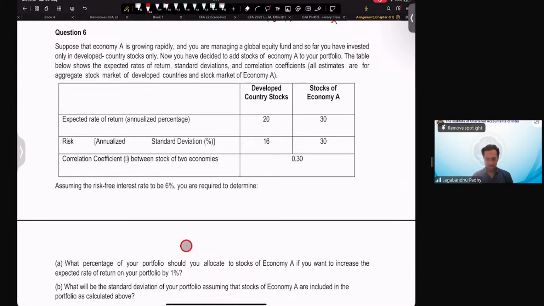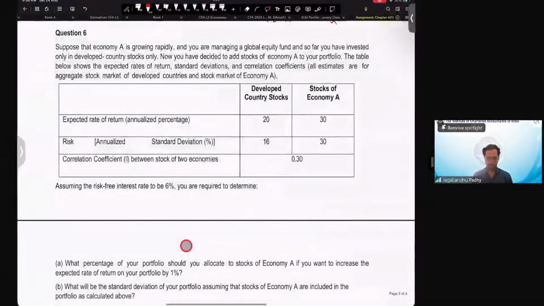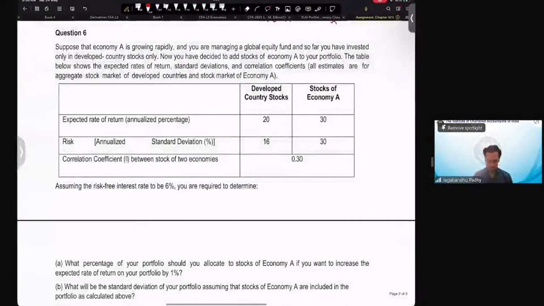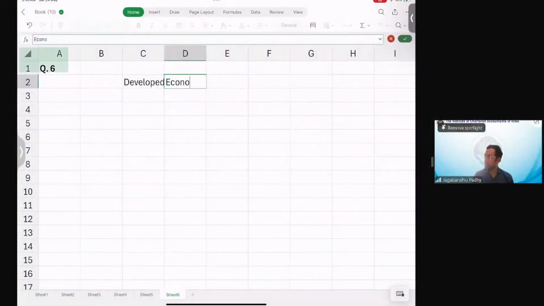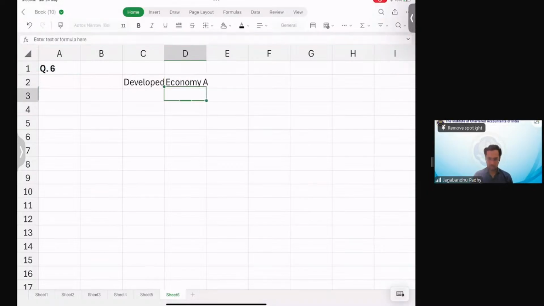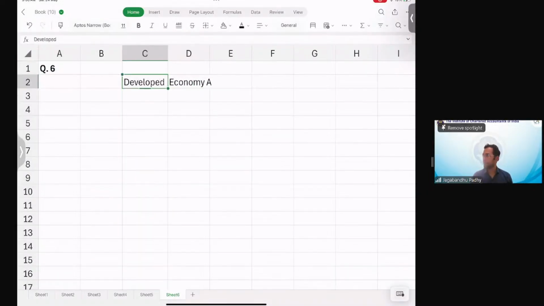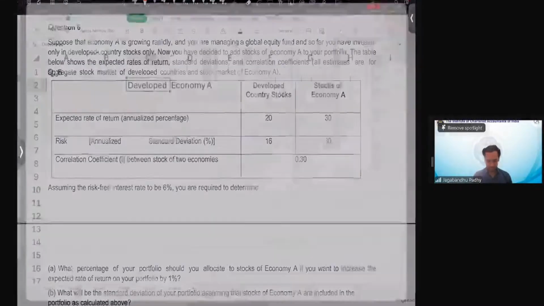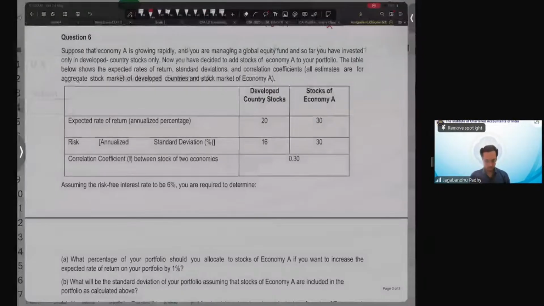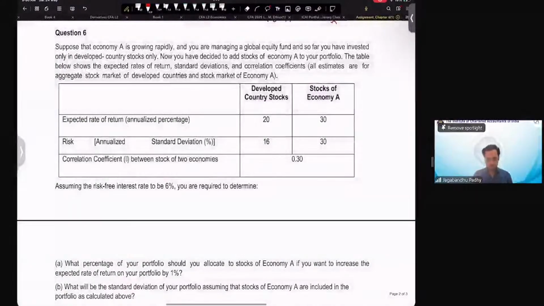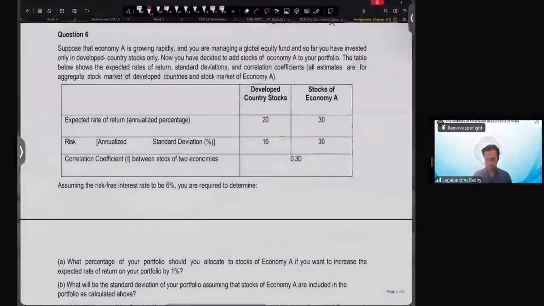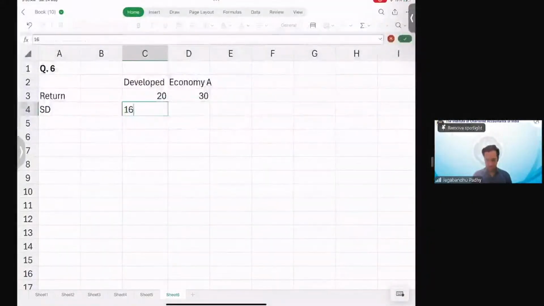So let me just take down the data that we have. Developed, and then we have economy A. Expected rate of return and standard deviation: 20, 30, 16, and 30.